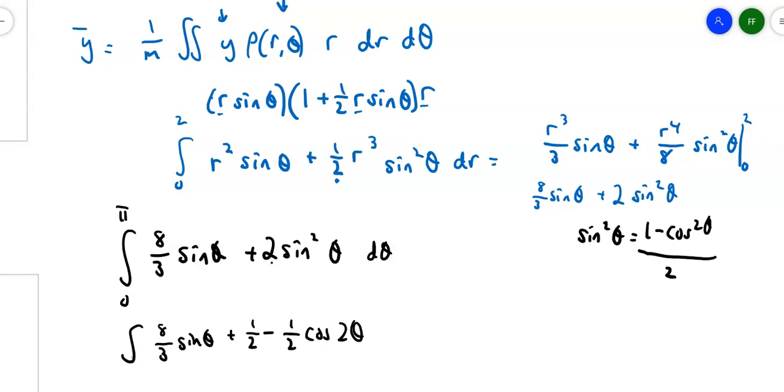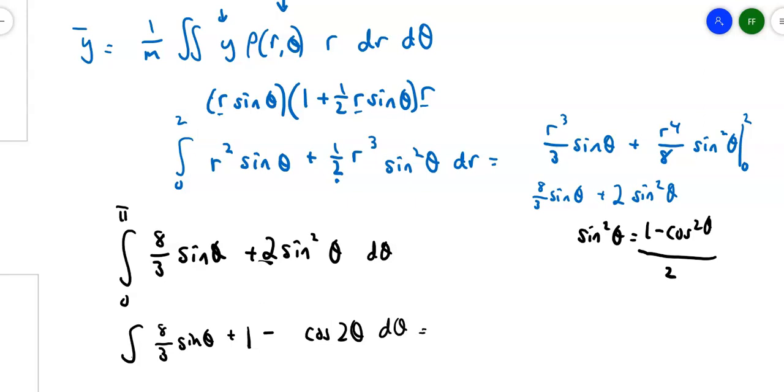But wait, wasn't there a 2 on the outside here? Yeah. So if I multiply both of these by 2, you notice this becomes a 1 over here. And this piece over here, the coefficient disappears. Right? So I took my 1 minus cosine 2 theta over 2. When I multiply it by 2, it just becomes 1 minus cosine 2 theta. And now that's not so bad.